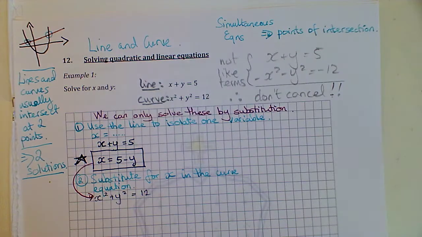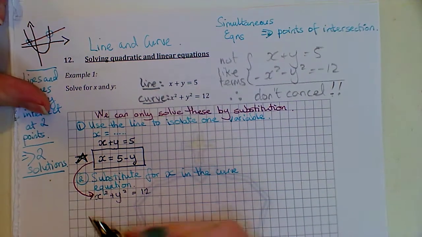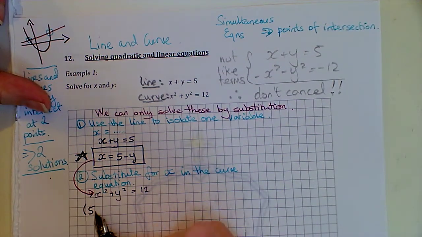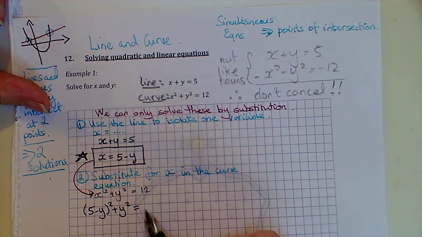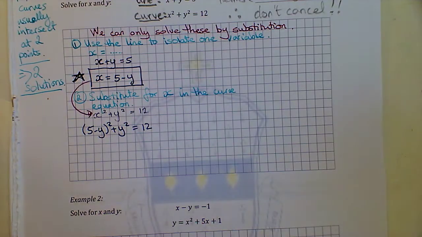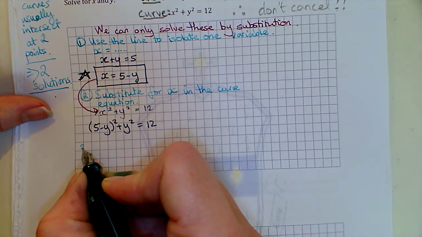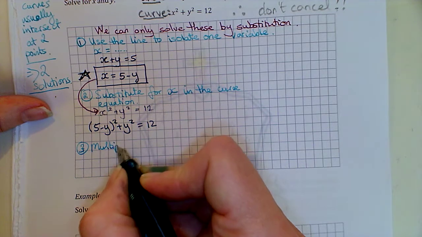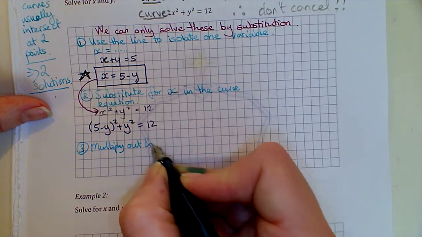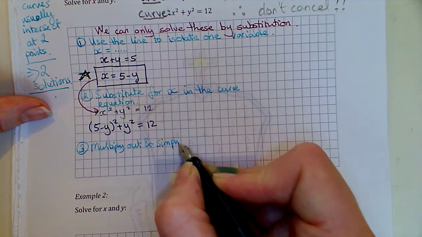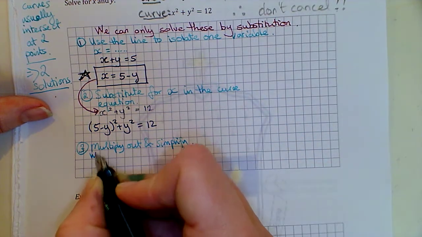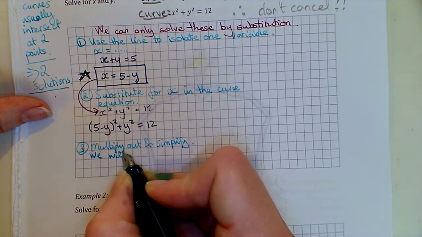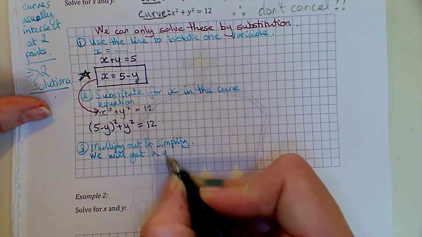So everywhere I see x in my curve, I'm going to replace it with 5 minus y. So I've got (5 minus y) squared plus y squared equals 12. And then we multiply out the brackets and simplify, and we will get a quadratic in y.